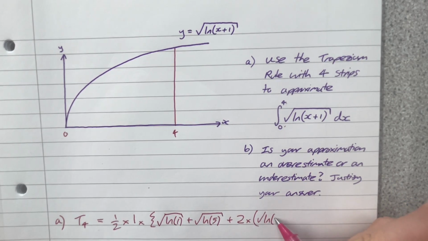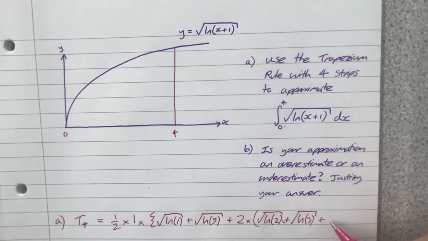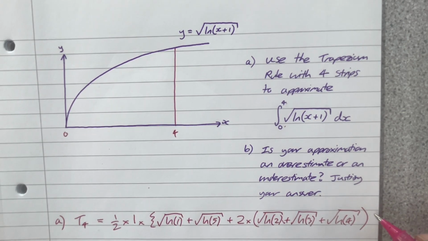So that's the square root of the log of 2 plus the square root of the log of 3 plus the square root of the log of 4. Put all that into the calculator.